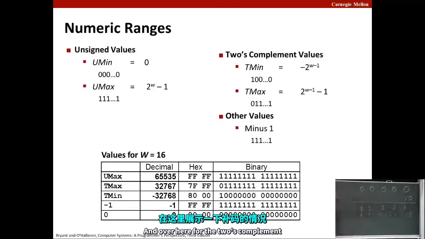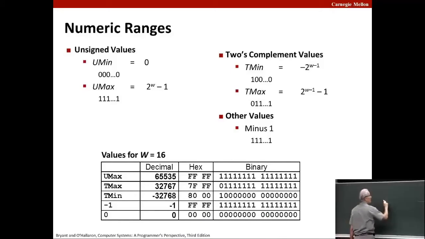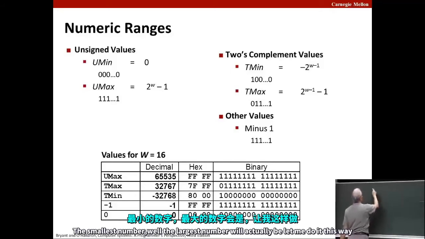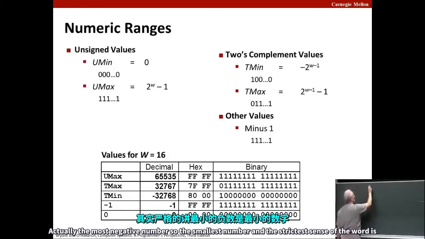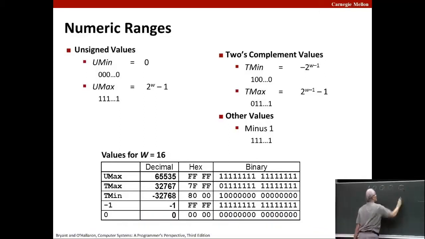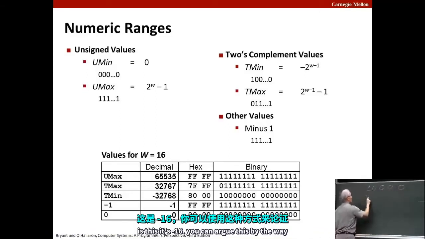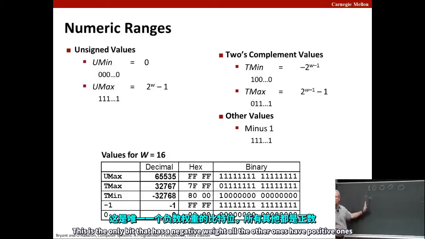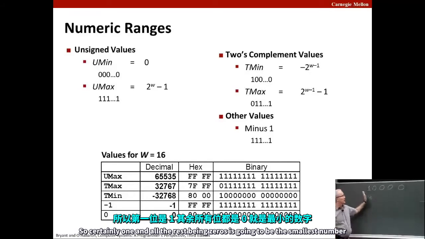And over here, for the 2's complement, let me do it this way. Actually, the most negative number, so the smallest number in the strictest sense of the word, is this. It's minus 16. And you can argue this, by the way, that this is the only bit that has a negative weight. All the other ones have positive ones. So certainly 1 and all the rest being zeros is going to be the smallest number.